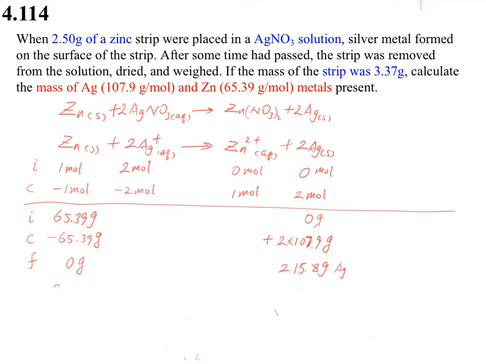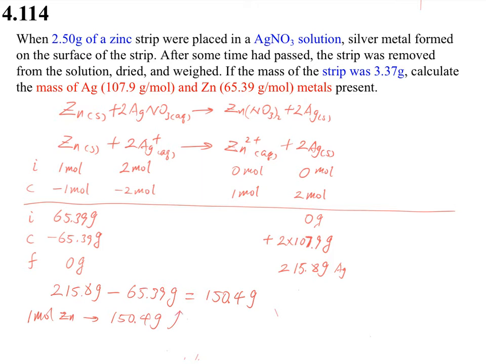That is 215.8 gram subtract 65.39 gram, which gives us 150.4 gram increase. Now we know that for every mole of zinc reacted, it leads to 150.4 gram of mass increase.